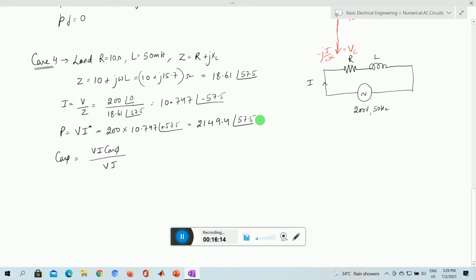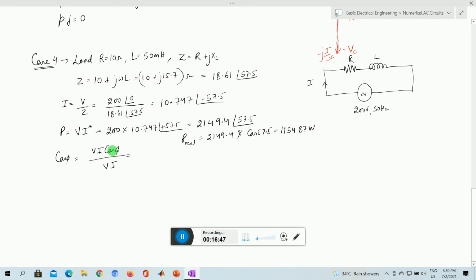There is no need to write the polar form, simply the real power will be 2149.4 into cos of 57.5, that comes out to be 1154.87 watts.